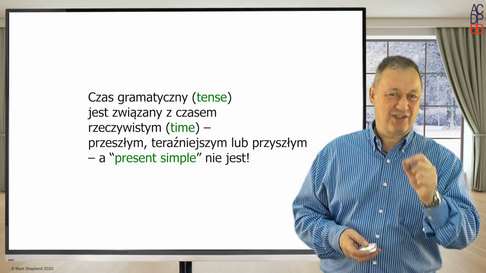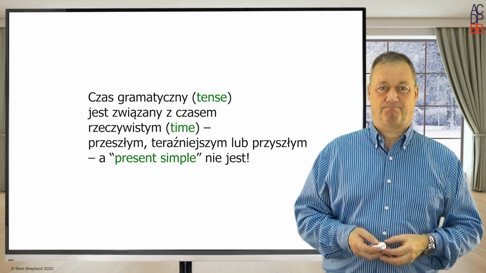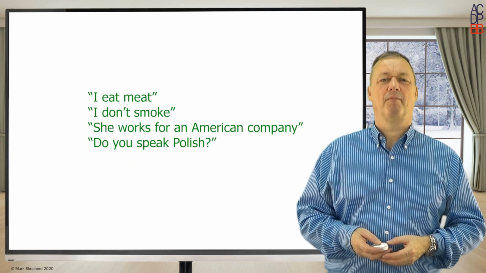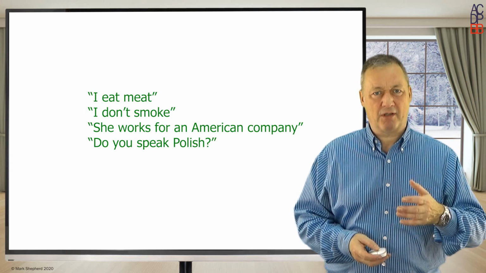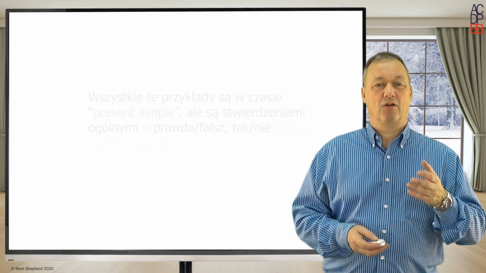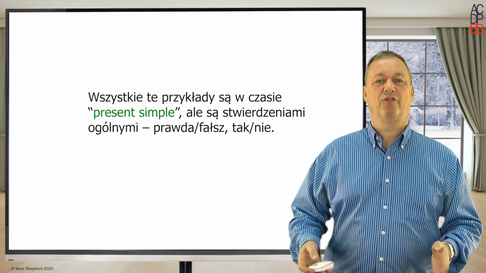But the present simple is not. I eat meat. I don't smoke. She works for an American company. Do you speak Polish? All of these examples use the present simple, but they're general statements.